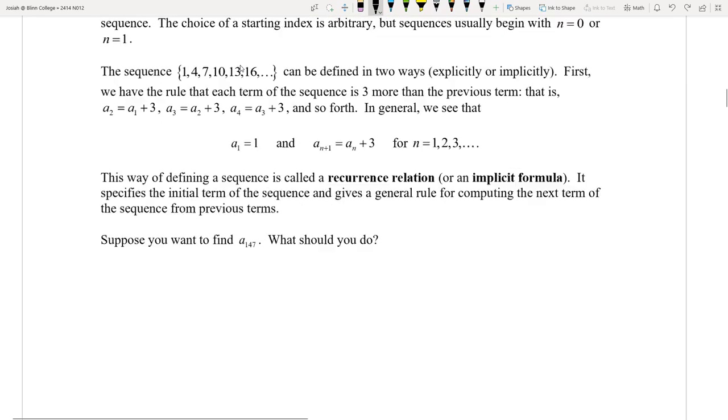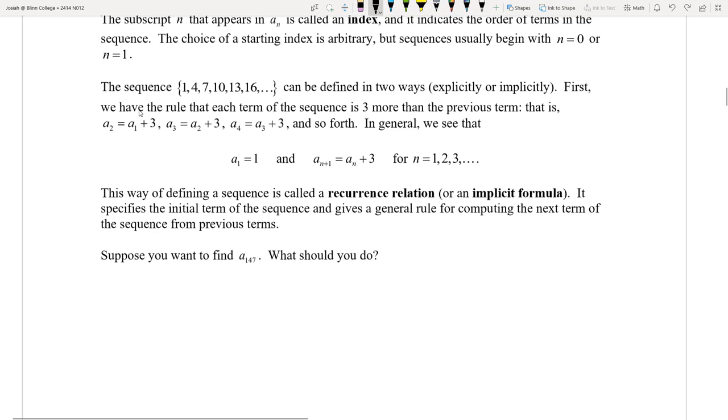And so what we'll do is we'll go ahead and figure out, based off this guy and based off our general rule here, we've got a sub 1 equals 1. We'll try to figure out a general formula. A sub 2 is 1 plus 3. A sub 3 is 1 plus 3 again.